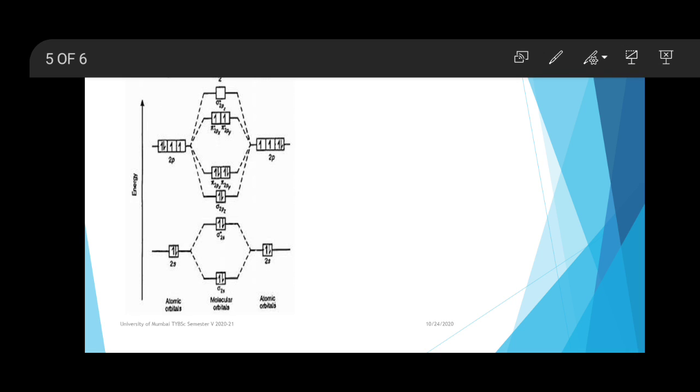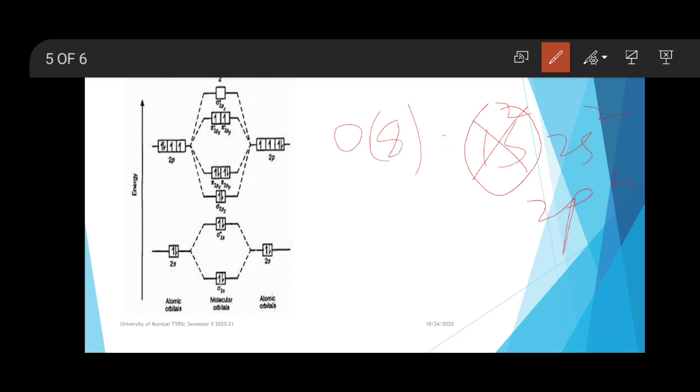Oxygen has atomic number 8, and therefore its electronic distribution will be 1s2, 2s2, 2p4. Again, these are first shell orbitals, so they do not take part in the molecular orbital diagram. Only the 2s and 2p orbitals take part. 2s has 2 electrons, 2p has 4 electrons.